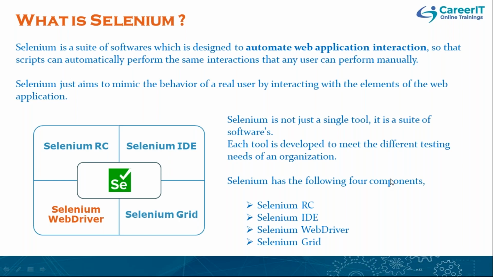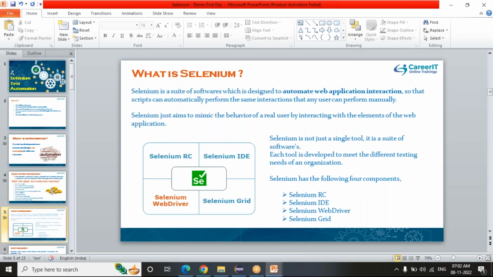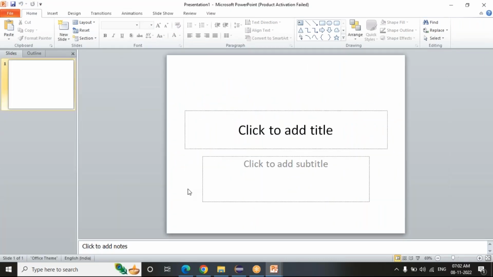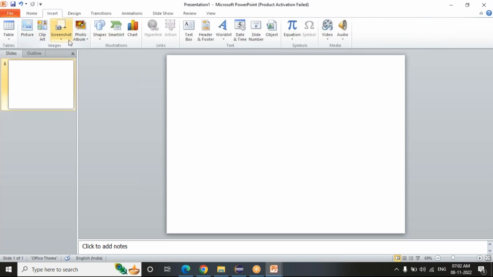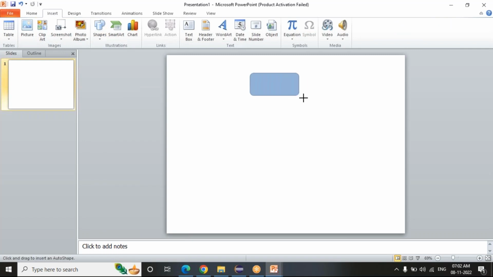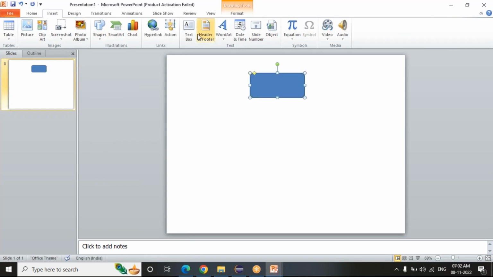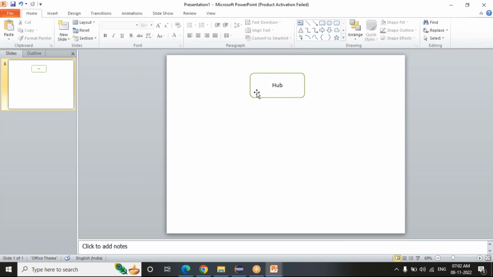Let me quickly show you one simple representation of how Selenium Grid works. Generally in Selenium Grid we have a client server architecture, or we simply call it hub node architecture. Suppose this is my hub. Generally the architecture will be like this: I will have a hub machine. This is nothing but a machine, guys.